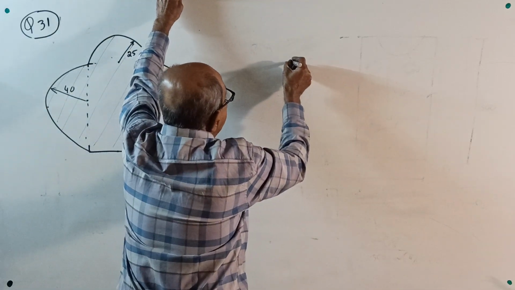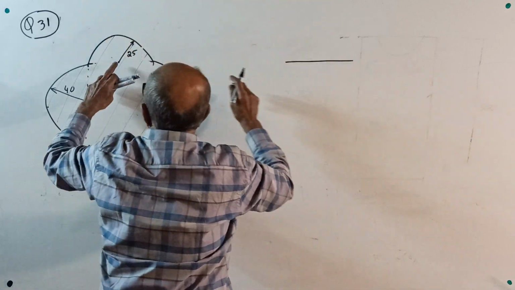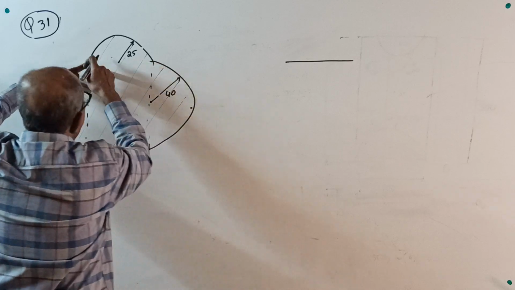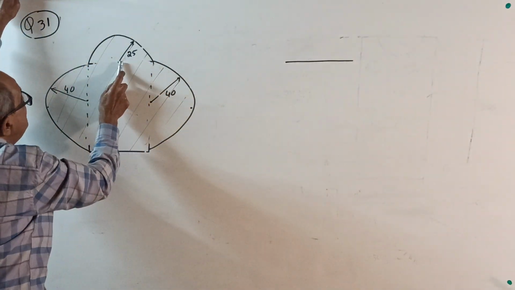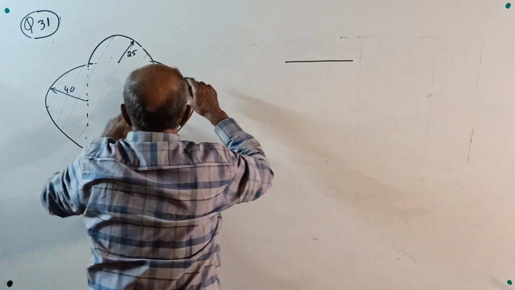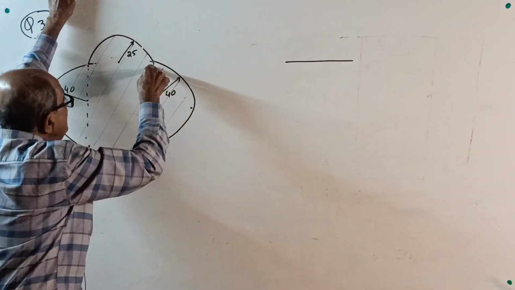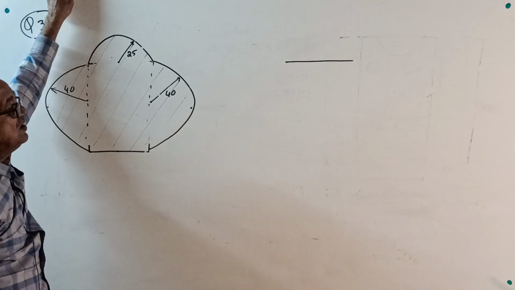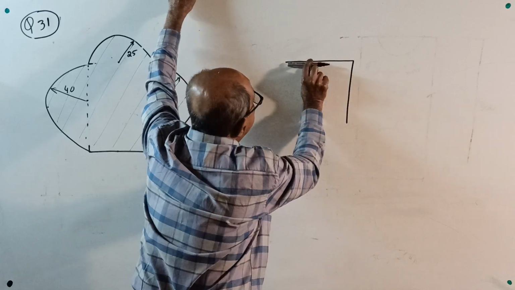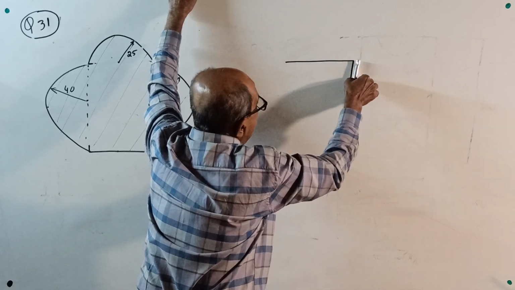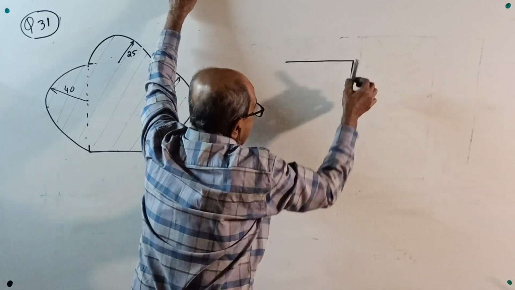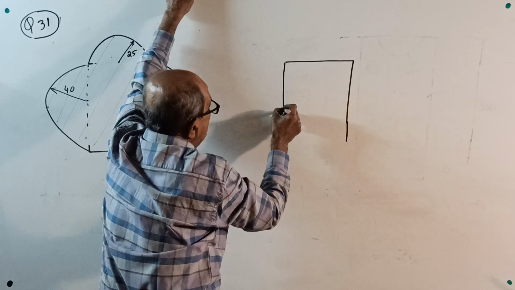How? See, what is the base? This is 25. If that is 25, the base will become 50. If this is 40, this will become 80. So 50 by 80 is a rectangle. How much accuracy required?